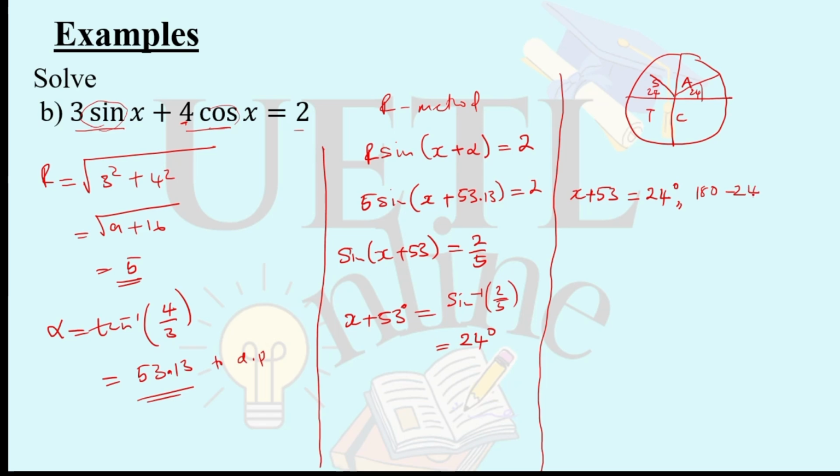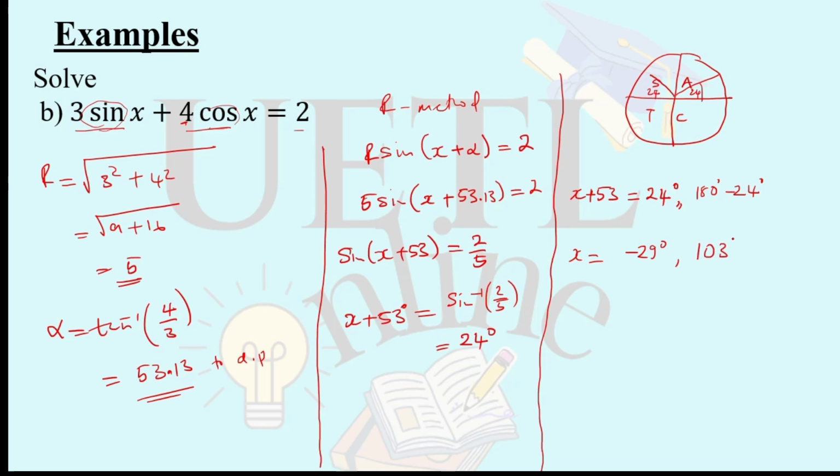This means that x is equal to 24 minus 53, which is minus 29 degrees. Then 180 minus 24 minus 53 gives 103 degrees. So these are our answers.